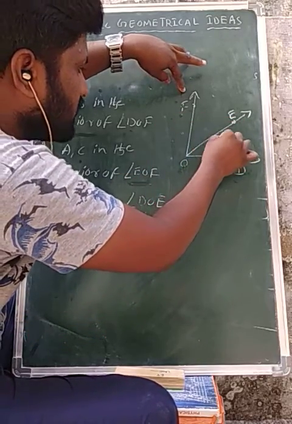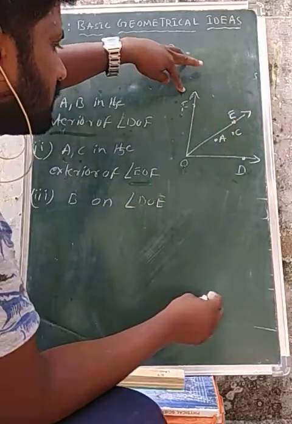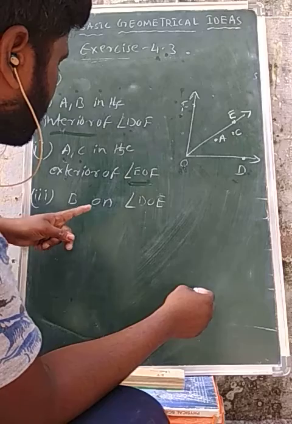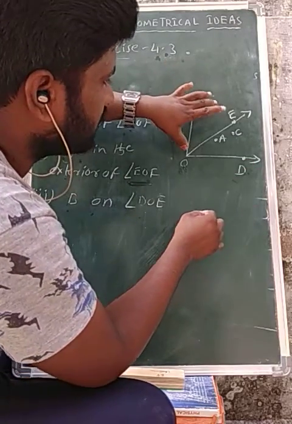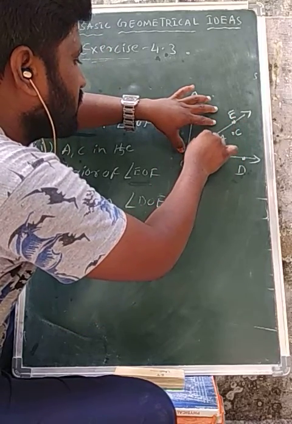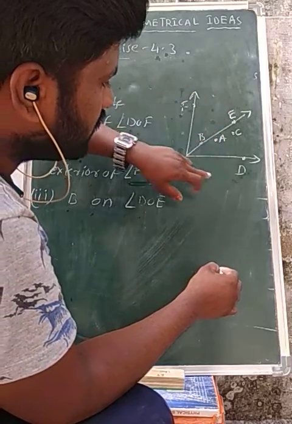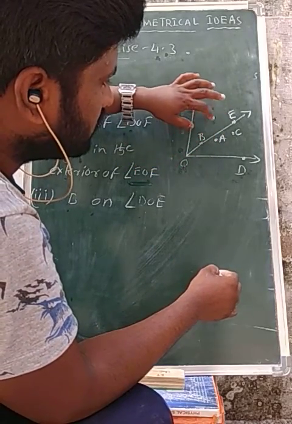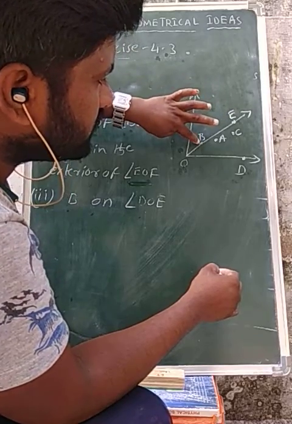The exterior of this must have A and C. And as well as B on angle DOE. So this is angle DOE. See here, DOE. So I am writing here B. On DOE, I just mark a point, that is B.